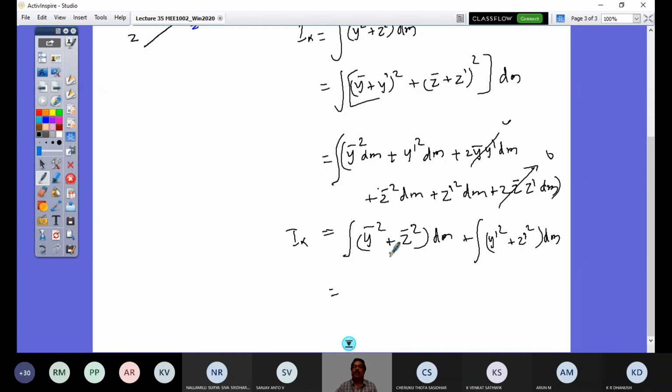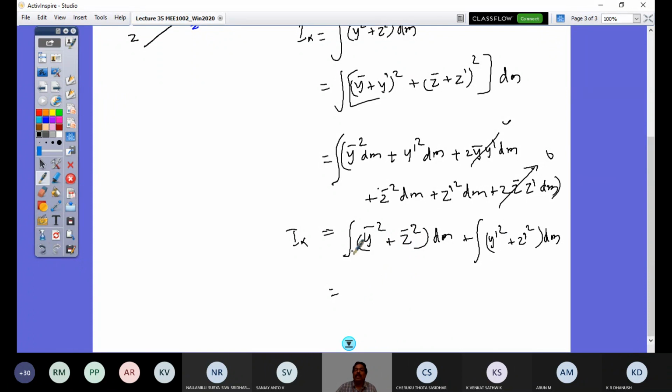So this is going to be mass times, because these are fixed constants for the rigid body. The y bar and z bar distances are fixed because it's a centroidal location, and this distance square will not vary. Only y dash and z dash would be varying.